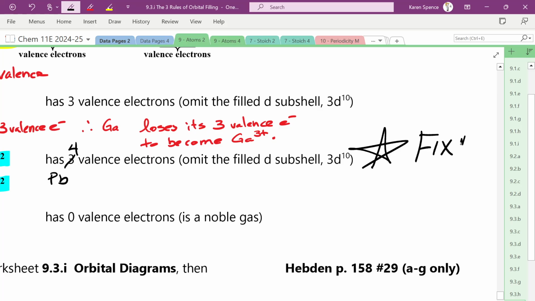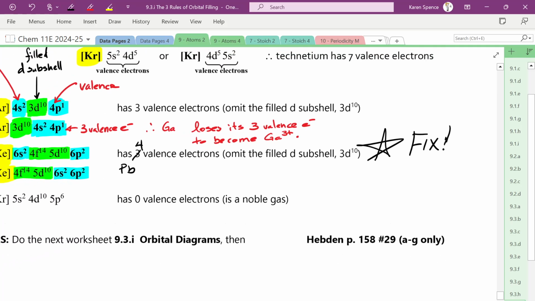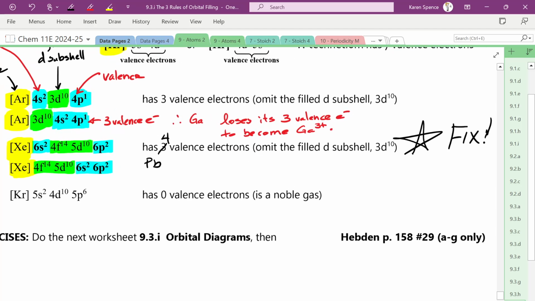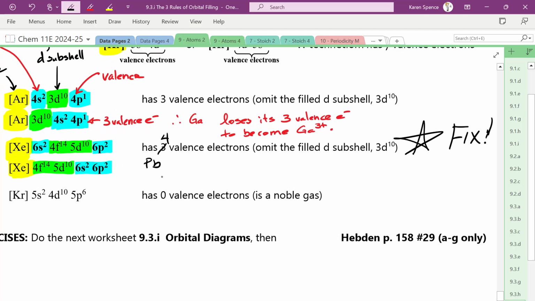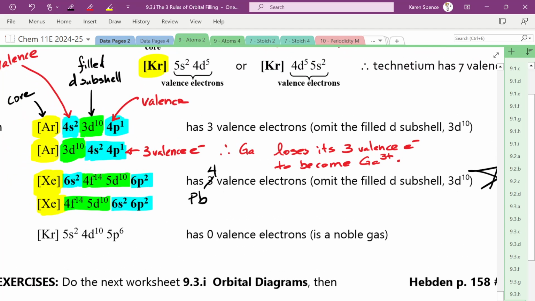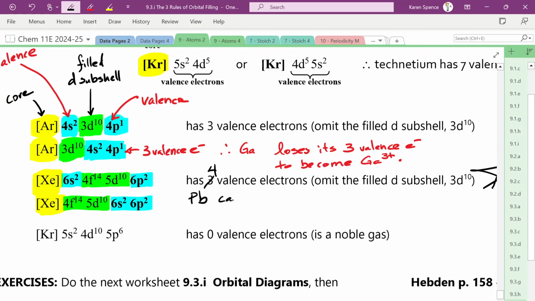Fix. So losing 2 is still more stable than none, right? Yes. So Pb can lose its 2 6p electrons to form Pb 2+.